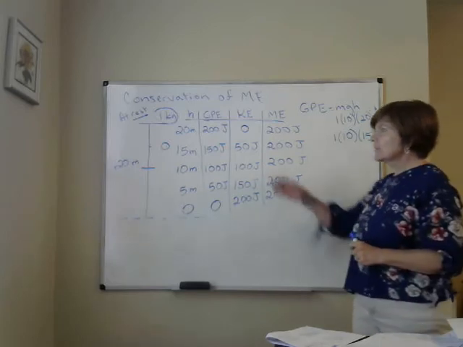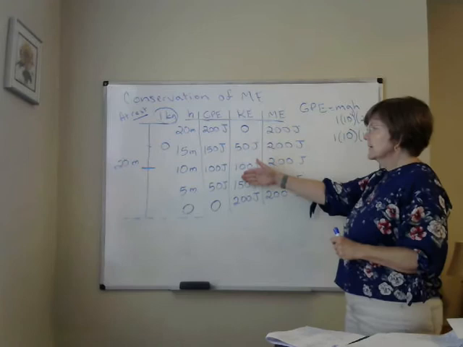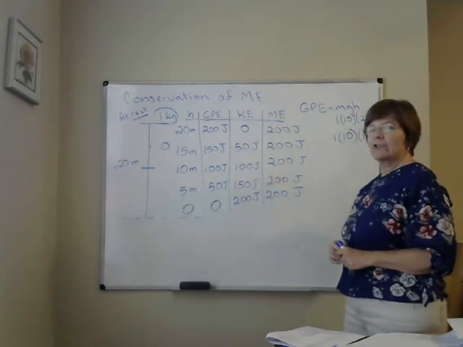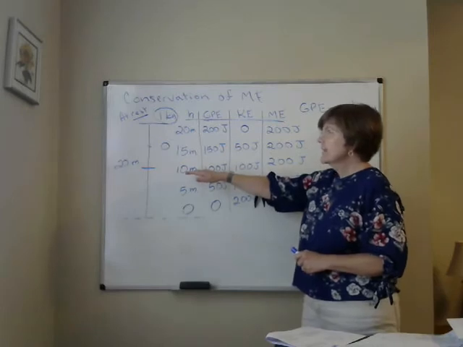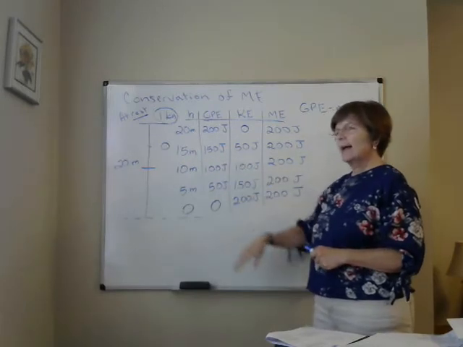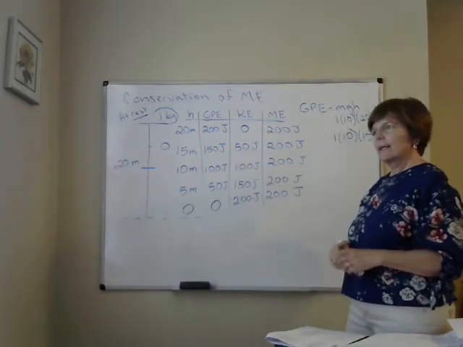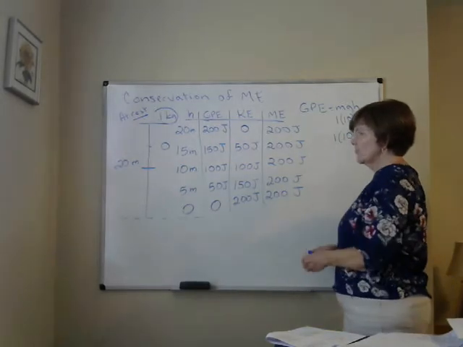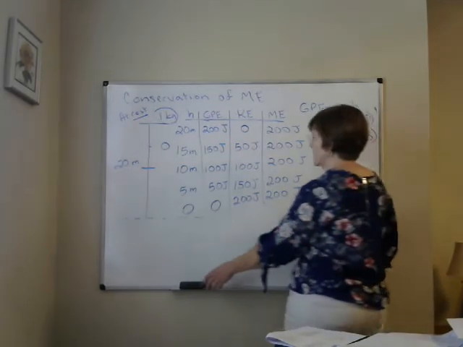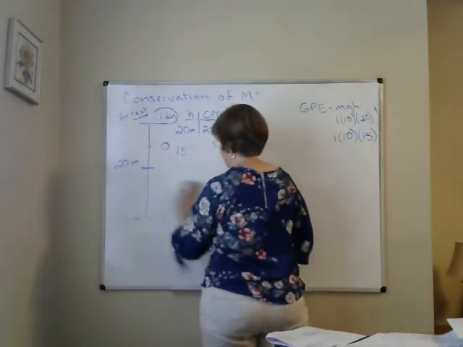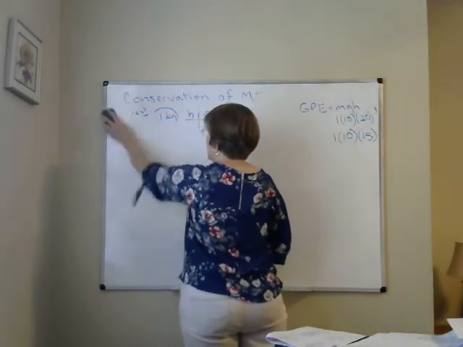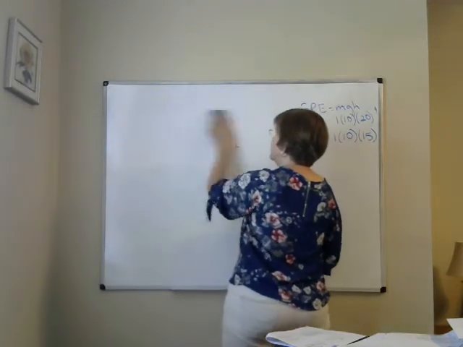But the entire time that it's falling, we have conservation of mechanical energy. At the halfway point, half the energy was potential, half the energy was kinetic. We get the same thing whether we drop it and it falls freely, or even if we were to roll it down a ramp, or swing a pendulum.